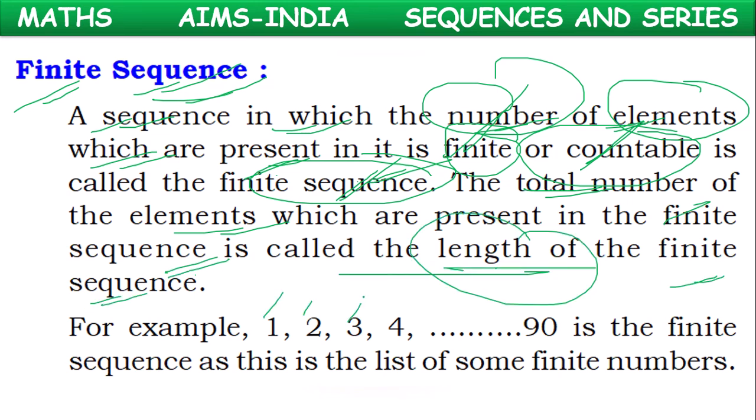Suppose 1, 2, 3, 4, and so on up to 90. It is a finite sequence. Then the length of this finite sequence is 90, because starting from 1 to 90 we have 90 elements in that. So the length of this finite sequence is 90.